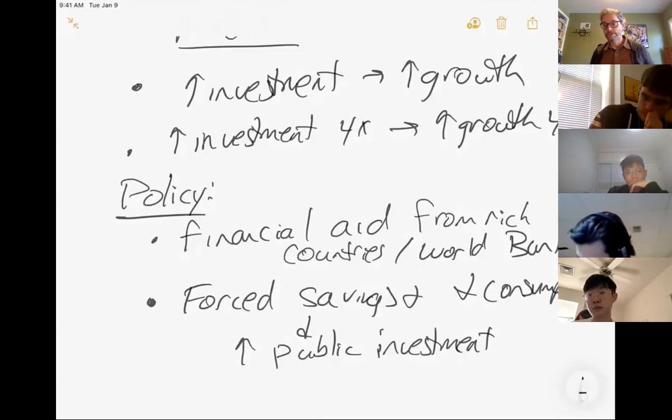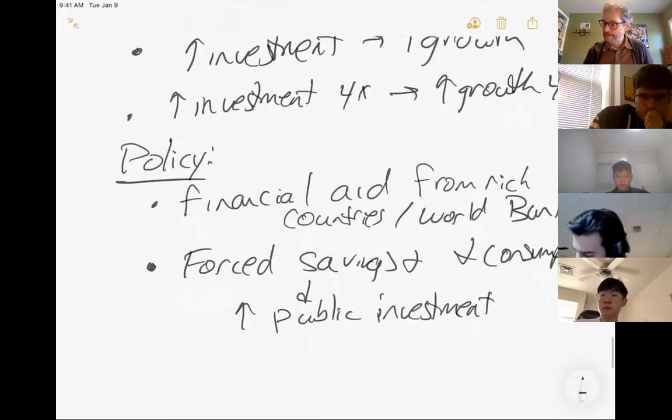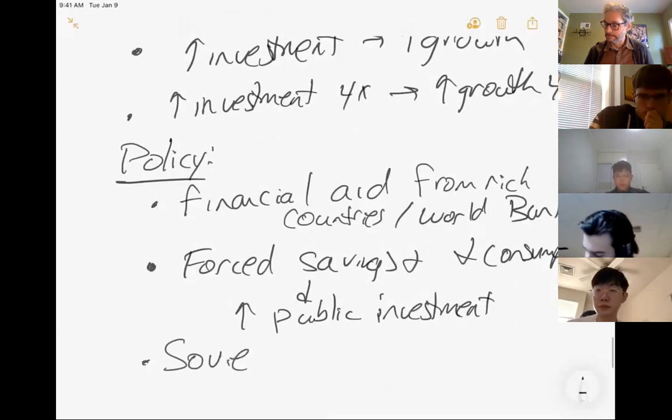So if you're devoting so much of your resources to public investment, you basically reduce the number of consumer goods that people can buy. And so when they don't have access to consumer goods, they're kind of forced to save. And so this was the policy that's followed in many countries.